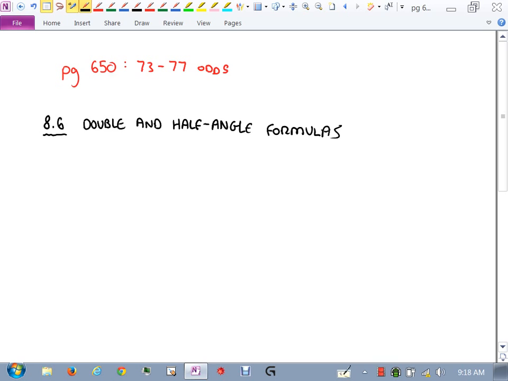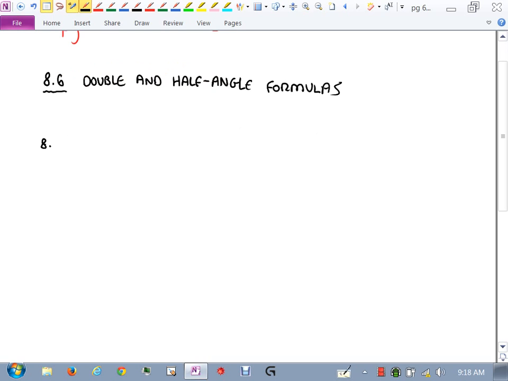All right, so what are the double angle formulas? Let's start with the doubles. I think I'll just put all of them. First one, sine, I'll write it the way it's written in your formula sheet. Sine 2u, right?